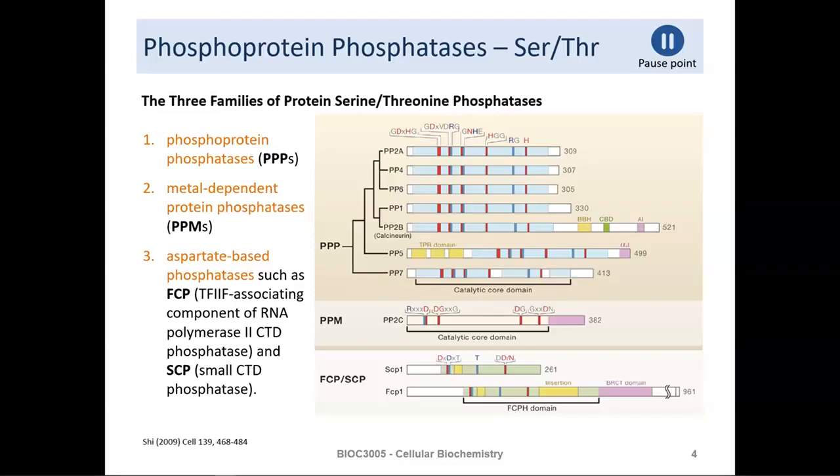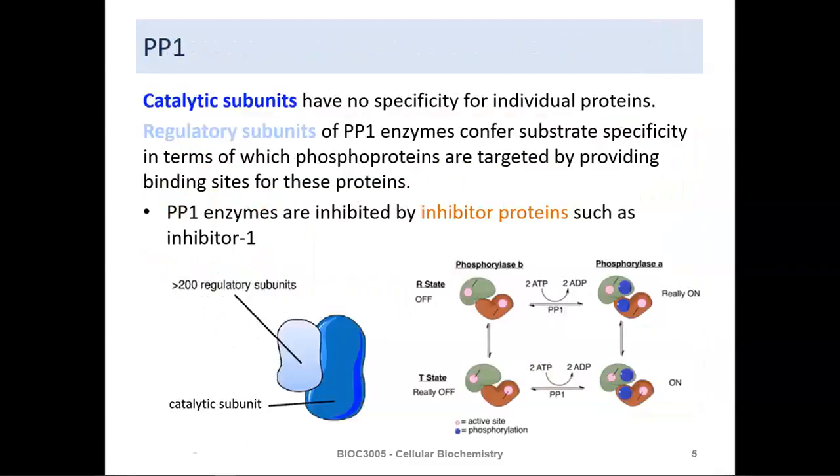These enzymes use an aspartate residue for catalysis and carry the active site signature DXDXT or V, which is shown here. These enzymes dephosphorylate the CTD of the largest subunit of the RNA polymerase II.